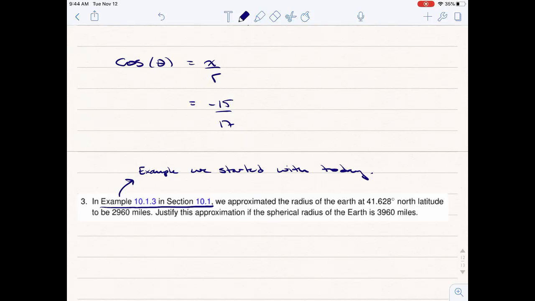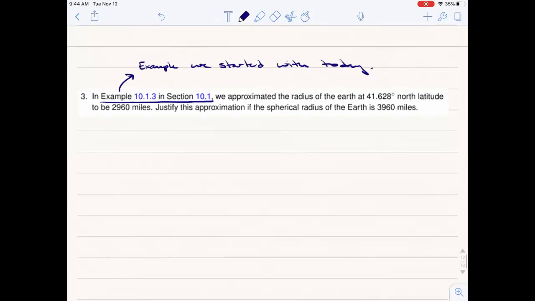So what we've got, right, is, okay, so we're on a circle with a radius of 3,960, right? But now I'm at some point that's at 41.628 degrees north, right?